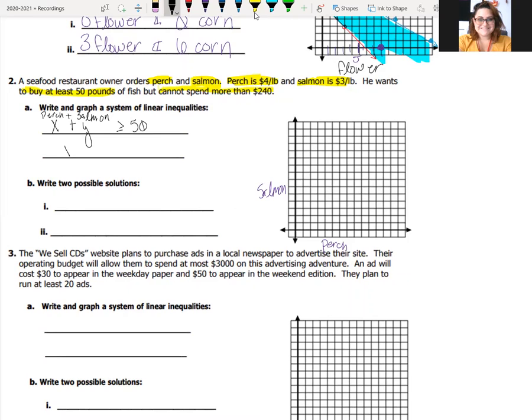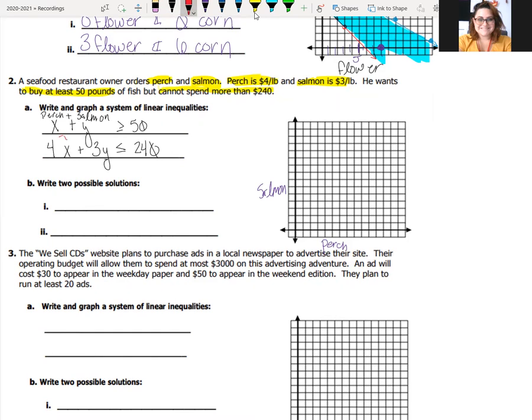For the second one, again, we're going to have X plus Y, and then the other number will be how much we're paying, $240. But how much does each of them cost? Our perch is $4, our salmon is $3, and no more than, meaning $250 needs to be the biggest. Let's go ahead and solve the top one.